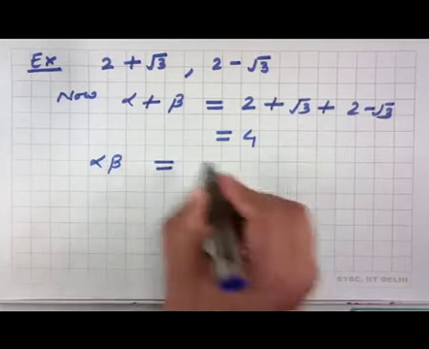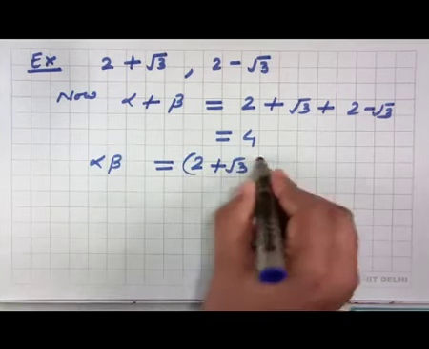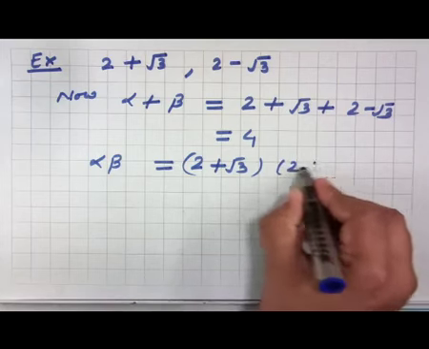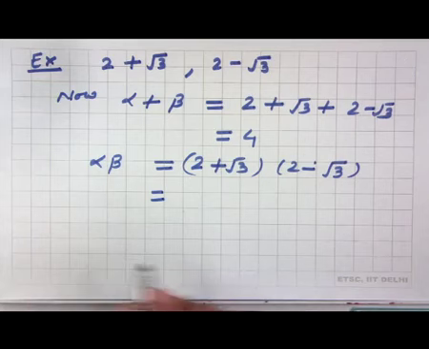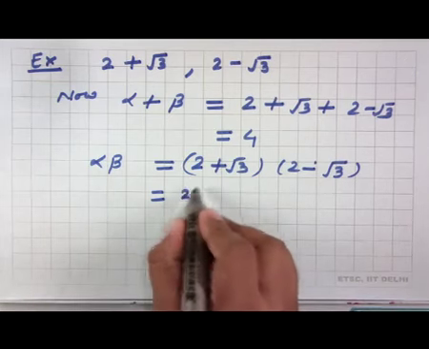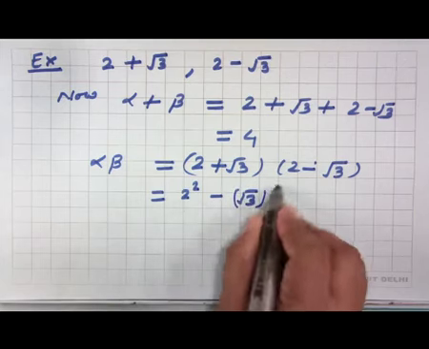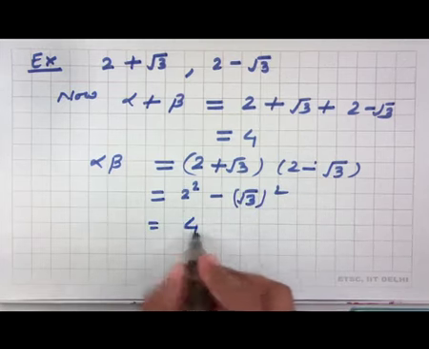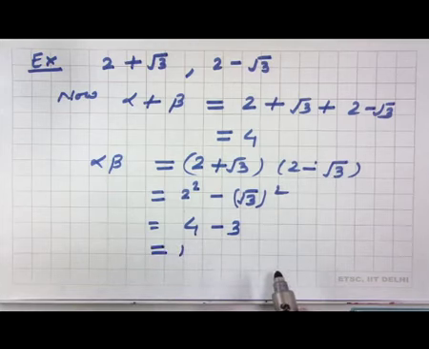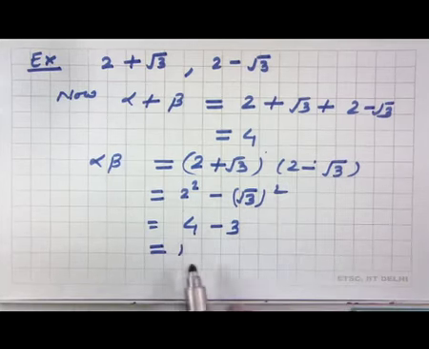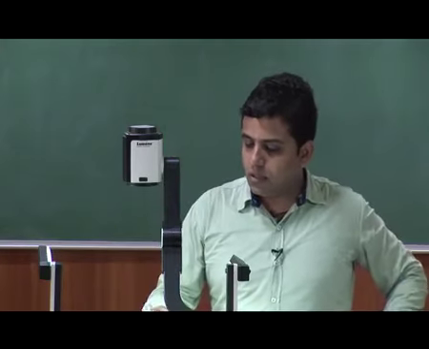It will be 2 plus root 3 multiplied by 2 minus root 3. Now, we can multiply these two. It will be a square minus b square, which is 4 minus 3, so it is 1. Now, the sum of the roots is 4 and the product of the roots is 1. Now, we can find the equation.